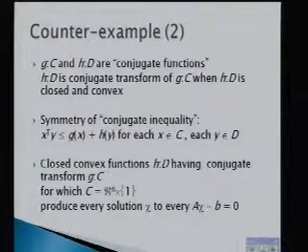That's just this inequality here. Transpose that over to the right. Whatever, it's the same. That defining formula in terms of sups implies this, and you see the symmetry here: the inner product of x with y is less than or equal to g of x plus h of y for any x in C, any y in D.